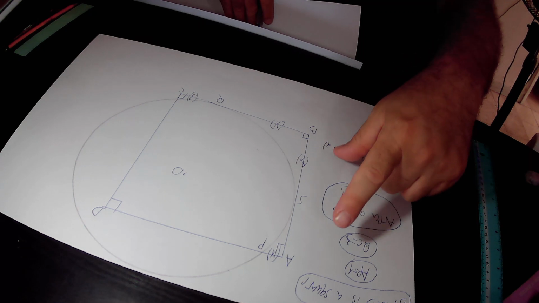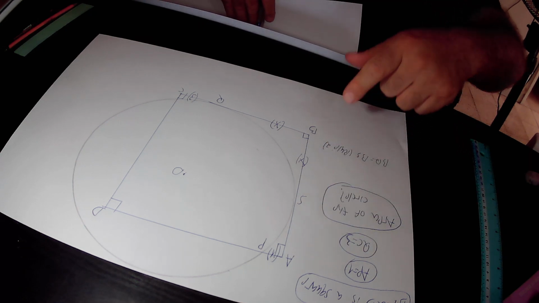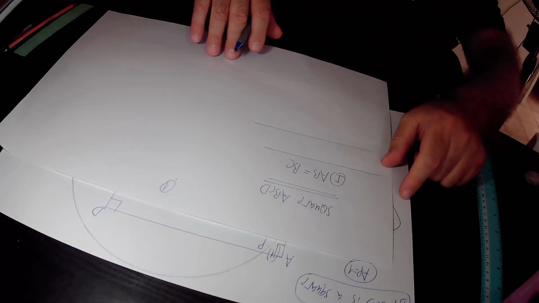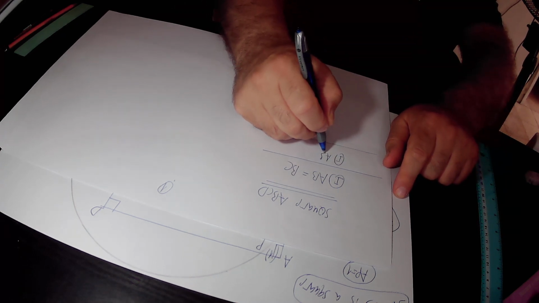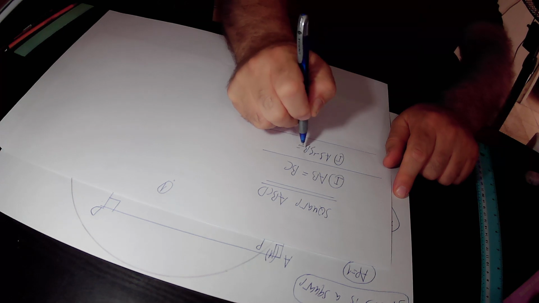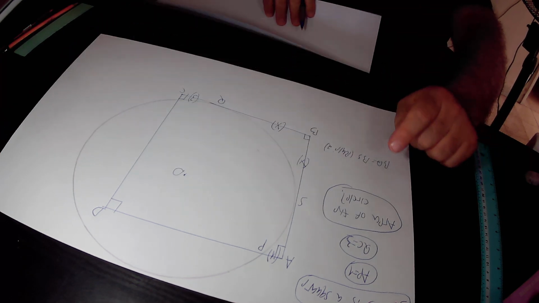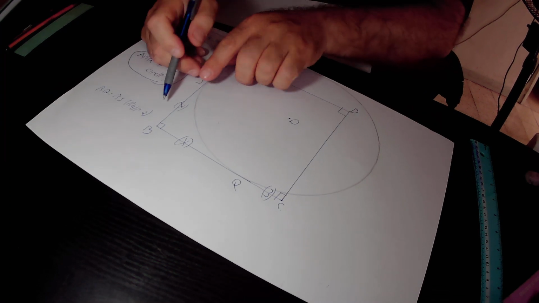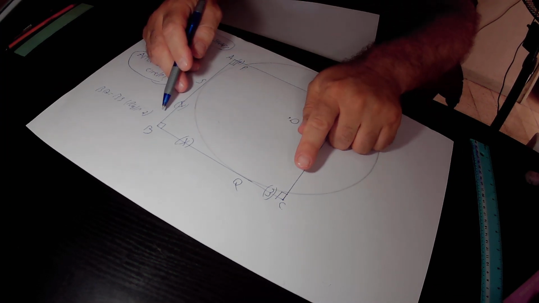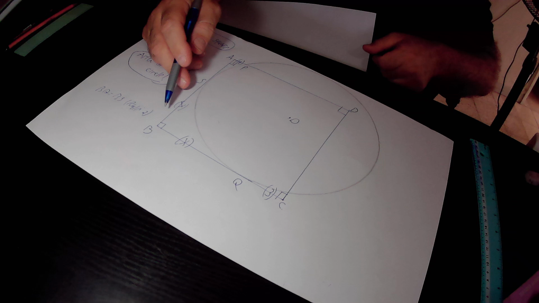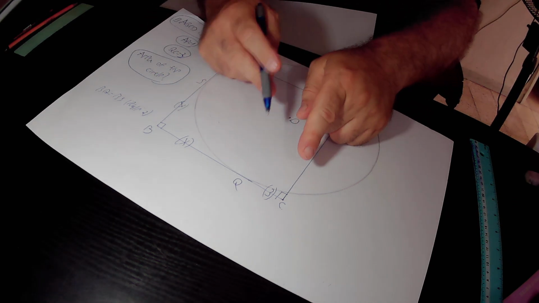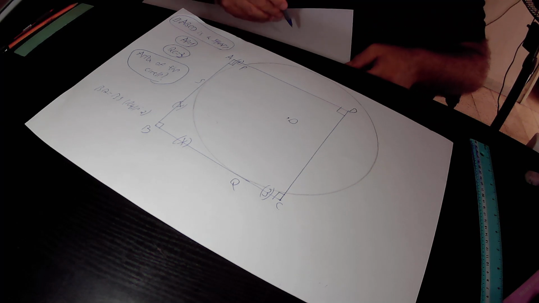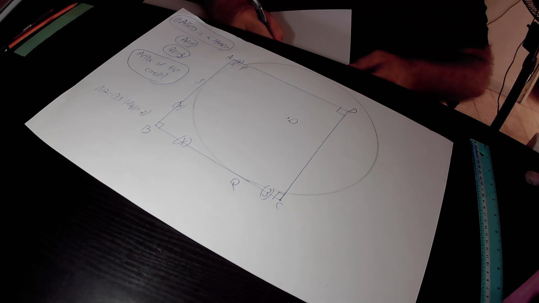Again, AB equals AS plus SB. And AB equals BC. BC in total equals BQ plus QC. So I write it down. BC equals BQ plus QC.